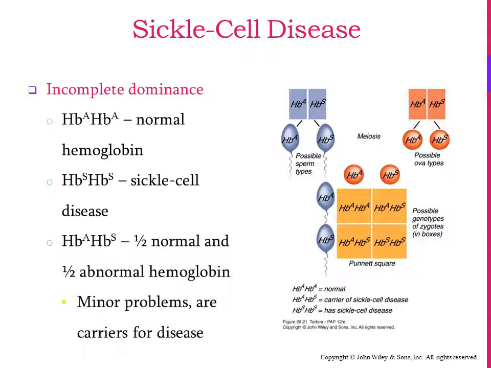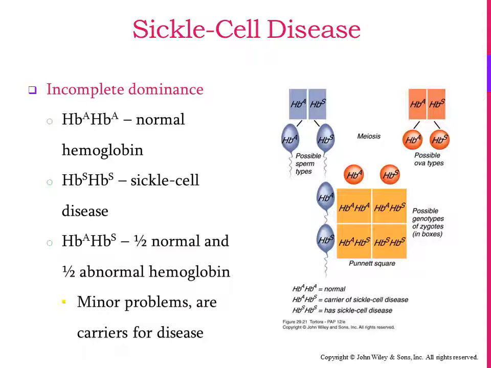So in this case, the 2 forms of the gene are hemoglobin A and hemoglobin S. Hemoglobin A encodes for a normal hemoglobin protein, while hemoglobin S encodes for an altered and diseased form of a hemoglobin protein.